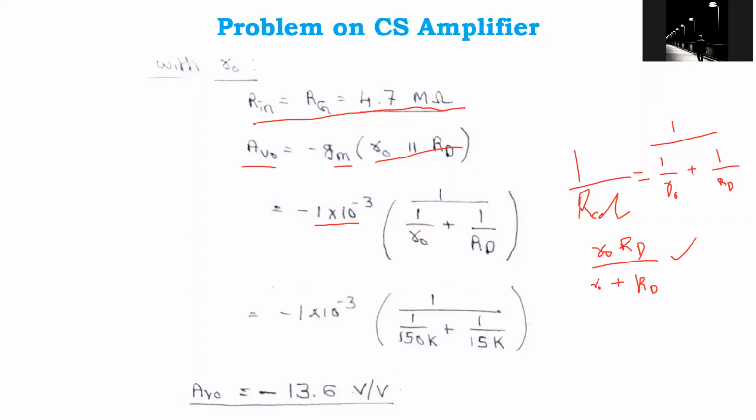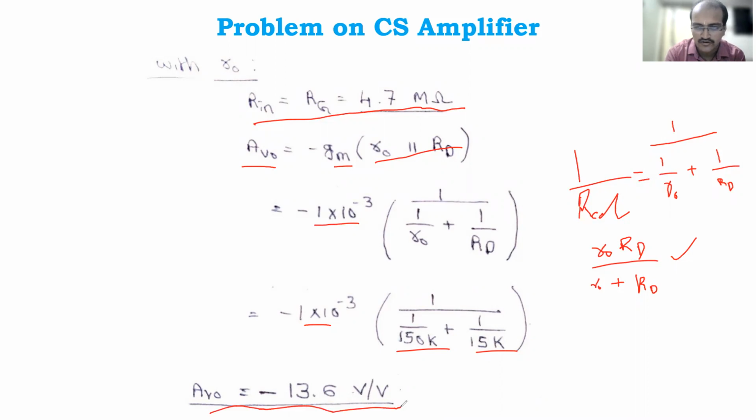Now substitute the values. R0 is 150, so 1 by 150, and RD is 1 by 15K. This will give you the answer, so use the calculator and verify that the value comes to minus 13.6 volt per volt. What was this value without R0?